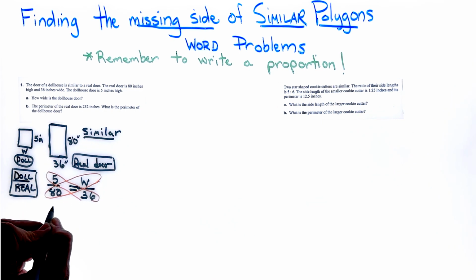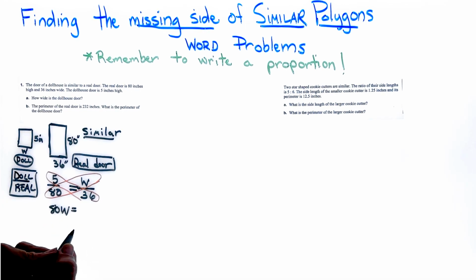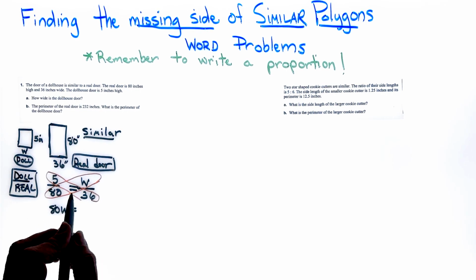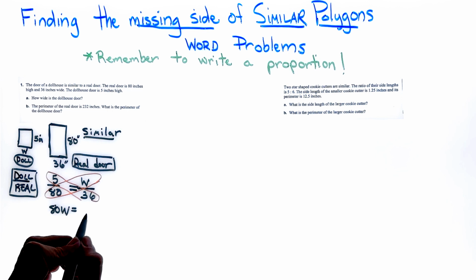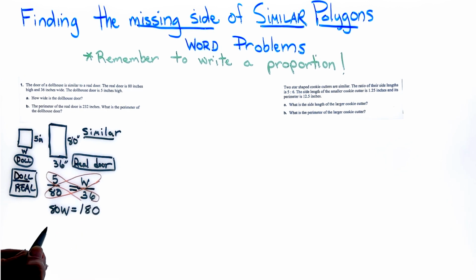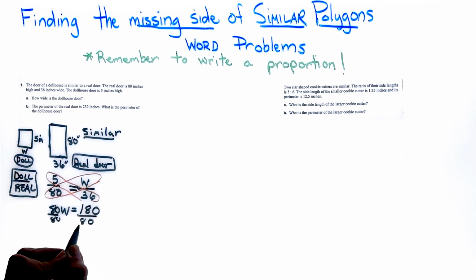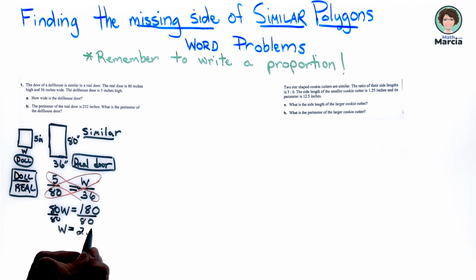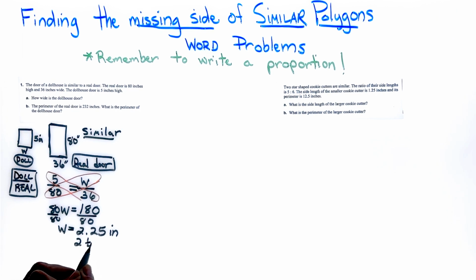So I end up with 80W is equal to 5 times 36, which is equal to 180. In order to get the width by itself, we're going to divide both sides by 80. So the width of the dollhouse is 2.25 inches, or that's actually like 2 1/4 inches.